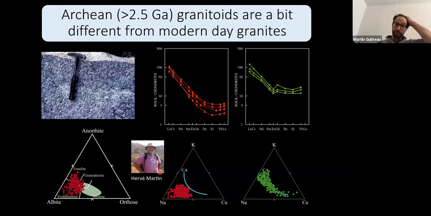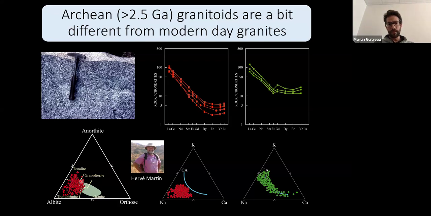And so I'm not giving a course on TTG petrogenesis, so I won't go into all the details, but I just wanted to highlight some important differences between Archean TTGs and modern day granites. So these TTGs, that's an acronym for tonalite, trondhjemite, and granodiorite, which are granitoid types.